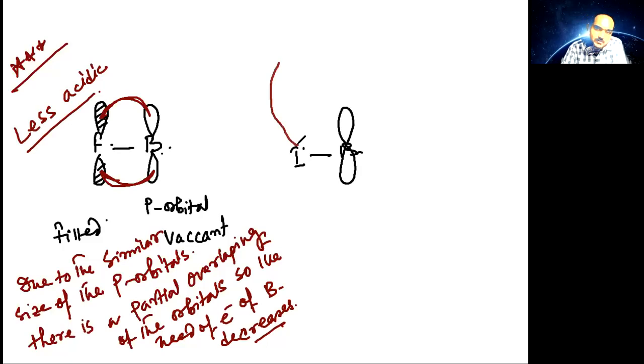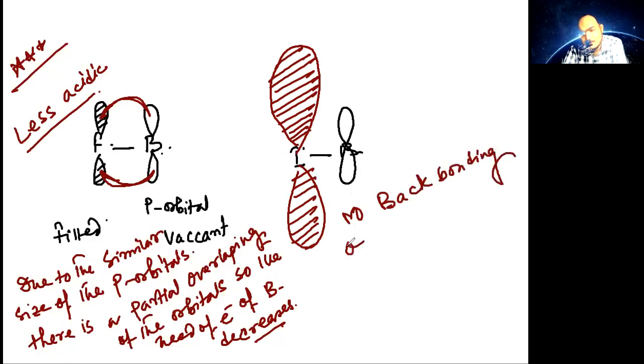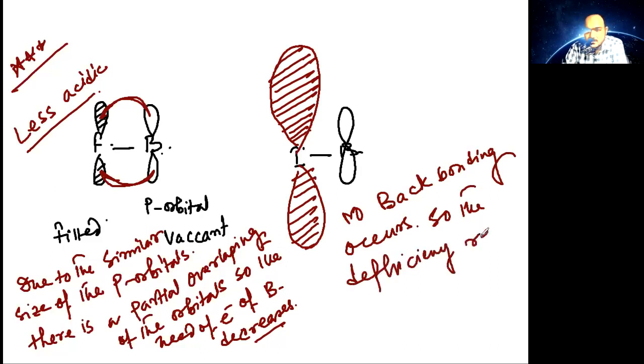What happens here? The size of the p orbital is large in the case of iodine. Now no back bonding occurs, so the deficiency remains as it is.